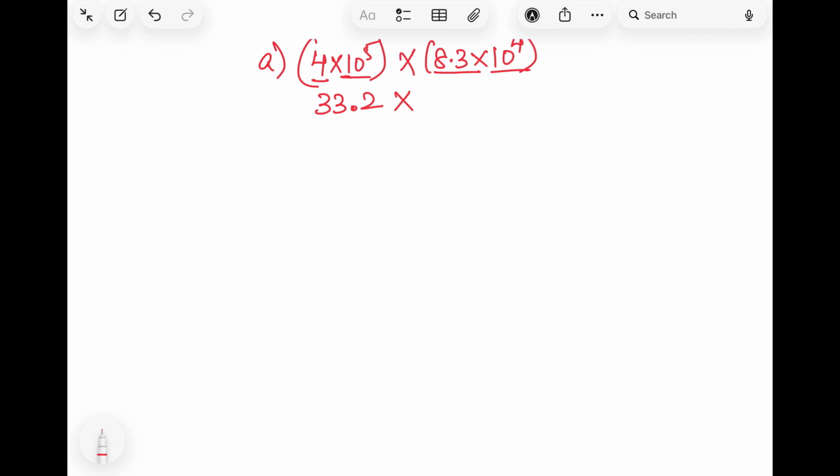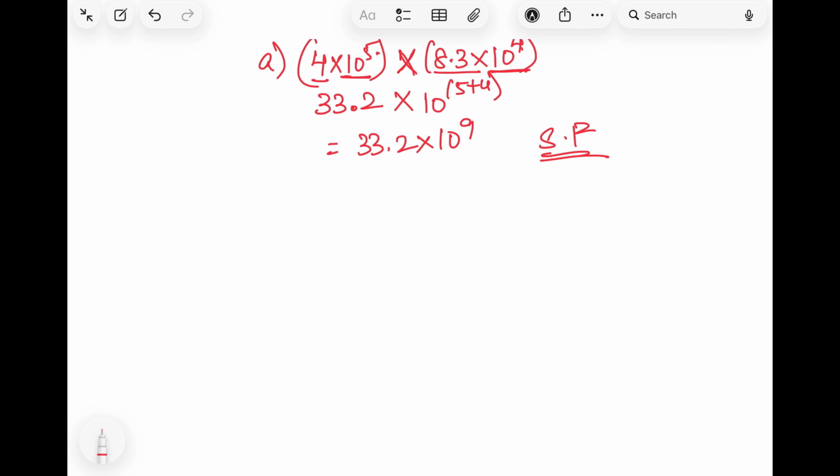If you see, these are again indices. The base is the same, the powers are there, and these are in multiplication. So what do we do with the powers? We simply add the powers. So I got 33.2 into 10 raised to 9, right? But is this the standard form? They have asked us to write the answer only in standard form, but this is not the standard form.